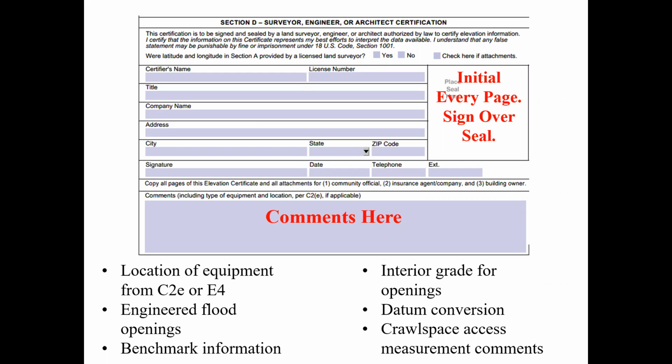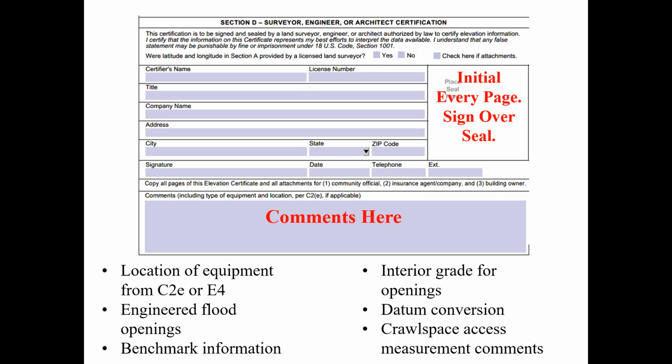A description of the lowest machinery and equipment for what it is, which would be C2E, or for E4. The benchmark information should be in here. The interior grade for openings, any datum conversion issues, and that description should be in there.